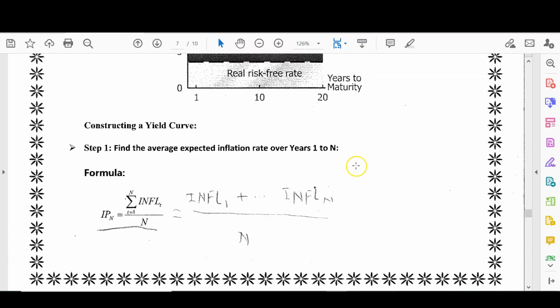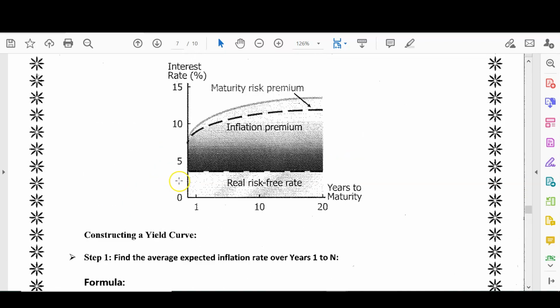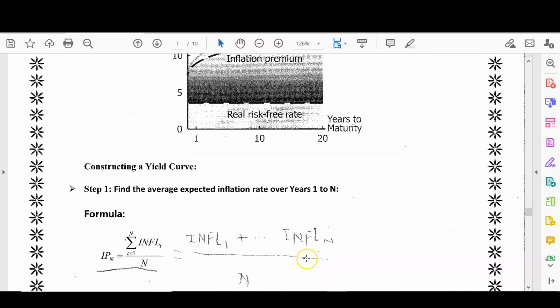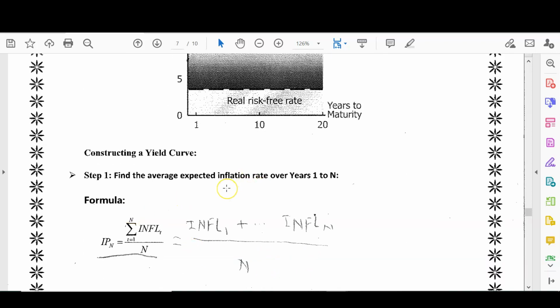Now let's try to construct a yield curve. Step 1 is usually to find the average expected inflation rate over years 1 to n. In order to construct the yield curve, we need to calculate the interest rate for bonds with different maturities. Remember R equals R star plus IP plus MRP for long-term bonds. So let's calculate IP and MRP and then calculate R for bonds with different T. Let's first calculate IP.